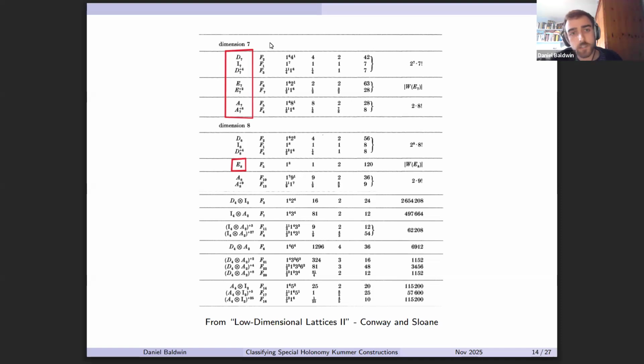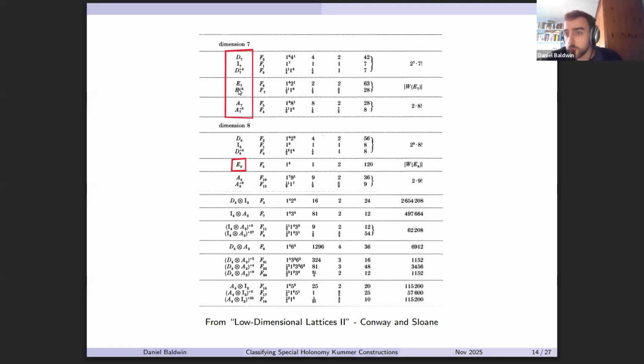So here the 7D ones, D7 here is one of the lattices. This is just saying the automorphism group of the D7 lattice is a maximal irreducible finite subgroup of GL7Z. And there are 7 of these.